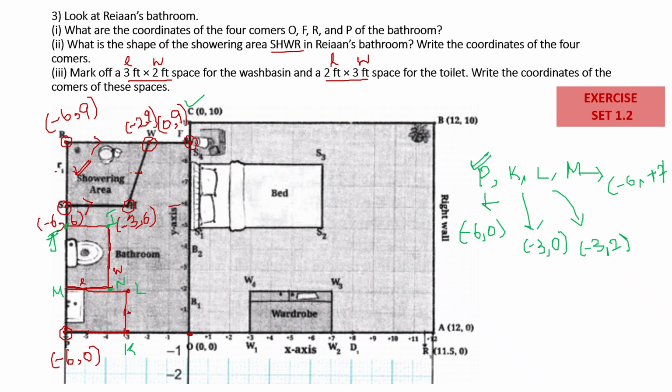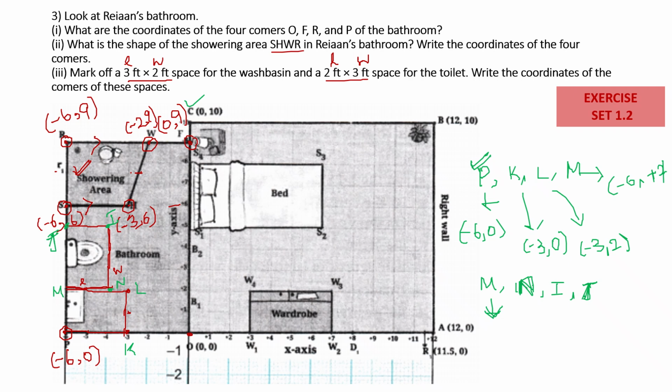So now we will write the corners of the toilet area. First we will mark the vertices which we marked already: M, N, I, then J. So what is the coordinate of M?